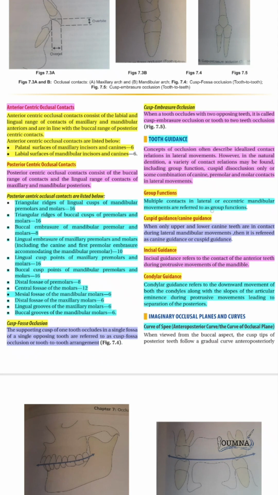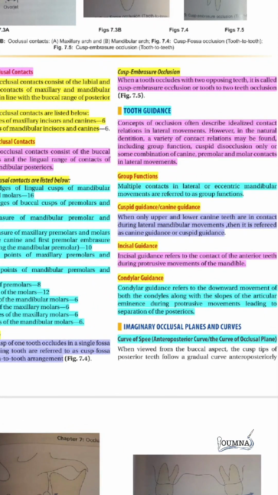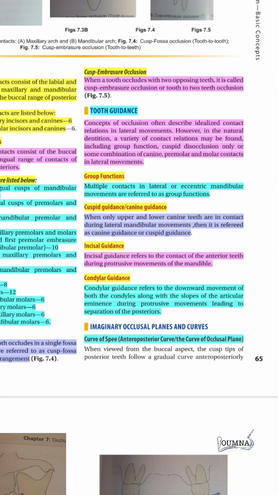The direction is what we call tooth guidance, which means the tooth interaction and contact when movement happens. There are several types. We have what is called group function, or the cusp canine guidance, the incisal guidance, and the condylar guidance.